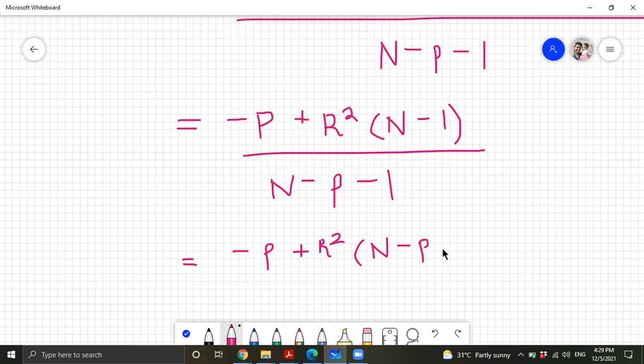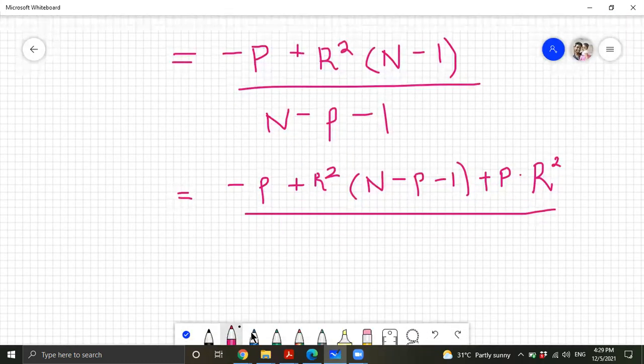But we can't stop by adding minus p, because we have to compensate. We have to add plus p, with plus p r square, because inside this r square we added minus p, that means minus r squared p. So for that we have to cancel it out by adding plus p r square. Don't worry guys, we'll get rid of these terms. So this will be our next step for sure.